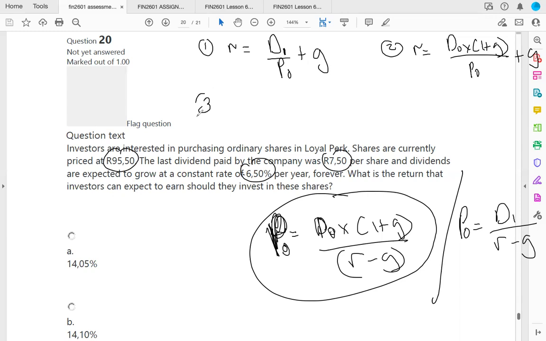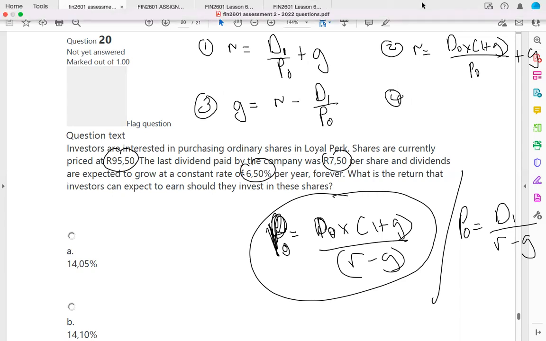And then the other important formula you need to know is that sometimes you need to calculate your growth rate. Your growth rate, when you've been given the return, the expected dividend and the price, is given by this formula if we are using the no growth model.